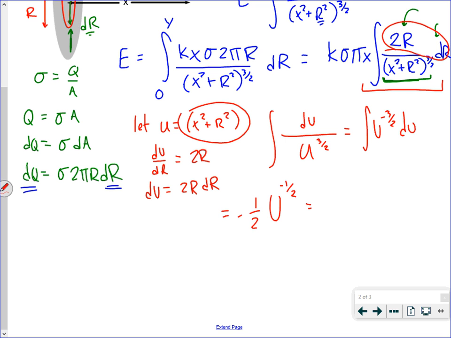So our integral, this part, turns into negative 1 over 2 x squared plus r squared to the 1/2.